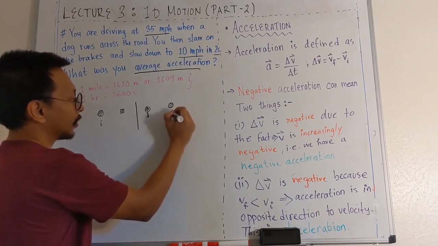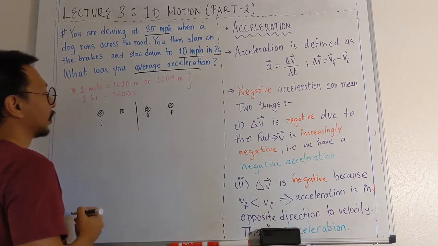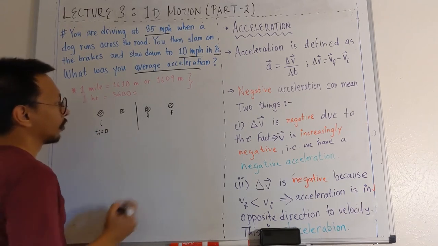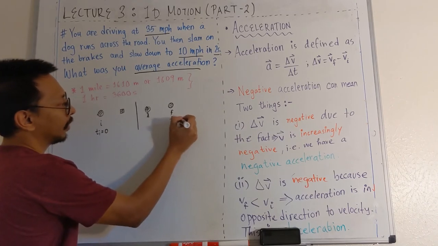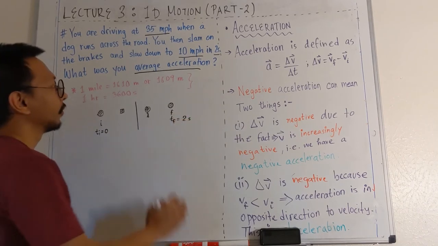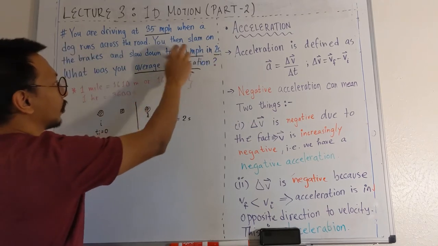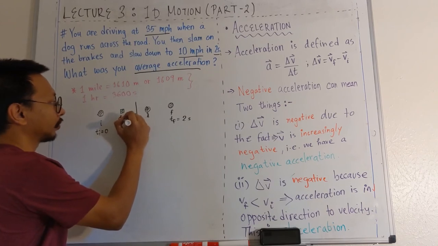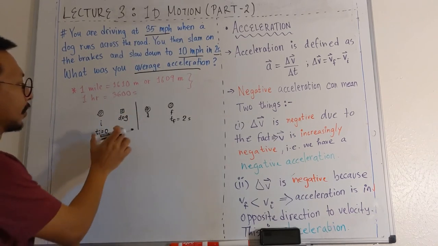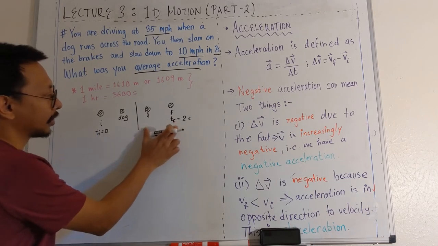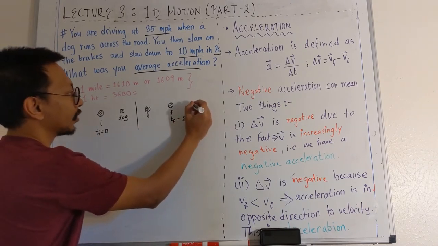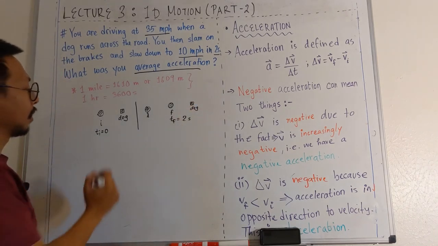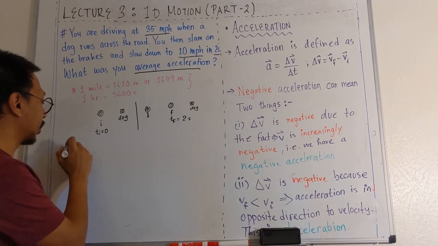This is your final position after you have slowed down. Initially we set our time to be 0 and t final is 2 seconds, because we have slowed down to 10 miles an hour in 2 seconds. Now this is the dog. This is just as you notice the dog, and then this is your final position, and so you don't hit the dog.